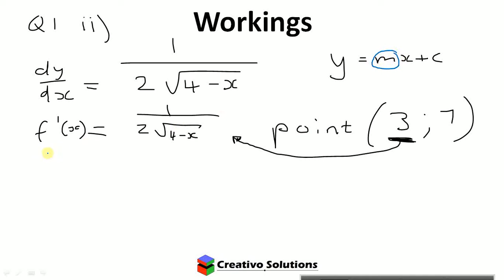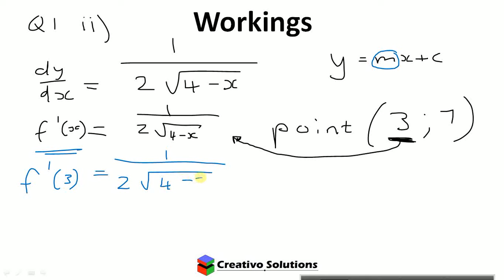How do I get the m? Substitute in. 4 minus 3 is 1. Root 1 is 1, so it's a half.